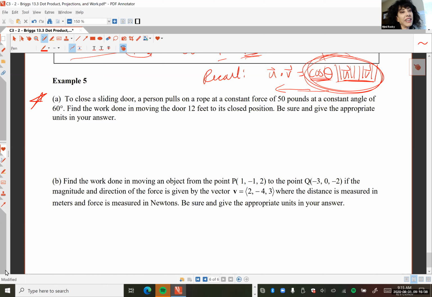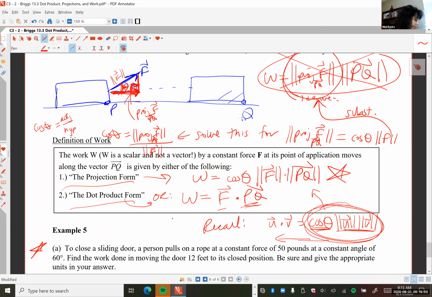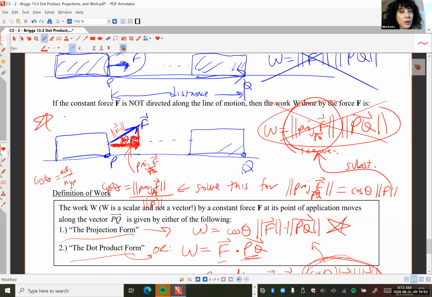When I think of projections, again, I just think of the contribution of a vector in a certain direction. Like one way that you can think of it: can you imagine one of those little rides at Disneyland or a roller coaster where this is a box car where you're in it? And here are the rails of the roller coaster ride. Let's say somebody had a rope tied to the little box car, even though the box car is on the rails, so it can only move forward along the rails.